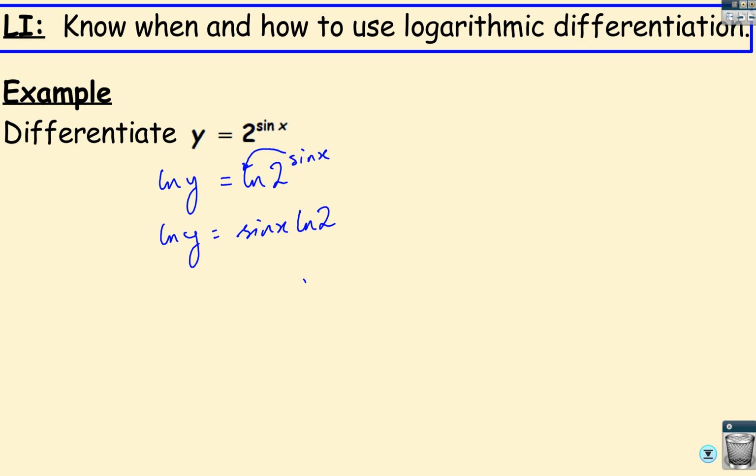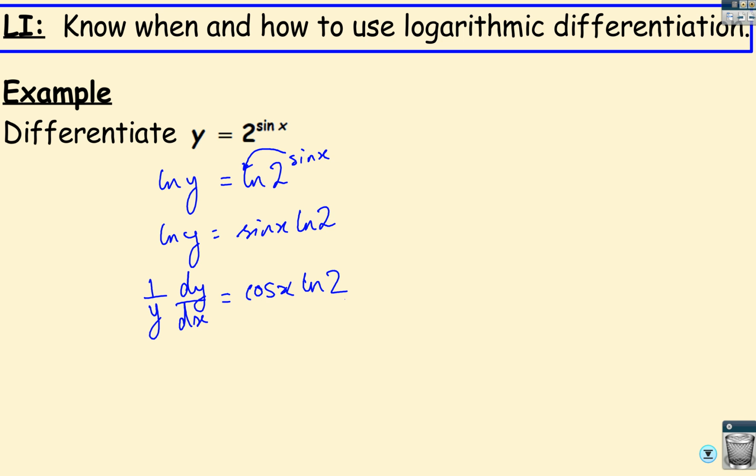This does not need a product rule because log 2 is just a number. So let's just get our derivative, 1 over y dy by dx equal to sine x becomes cos x, and log 2, if you think about it, if that was just 2 sine x, its derivative would be 2 cos x. So its derivative is cos x log 2. Or you could write it as log 2 cos x.